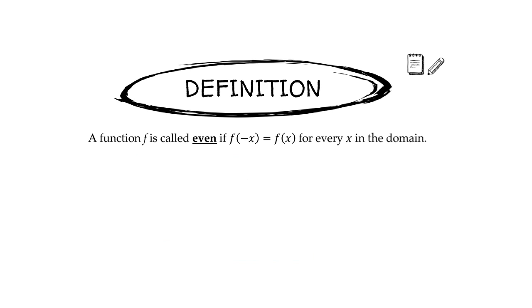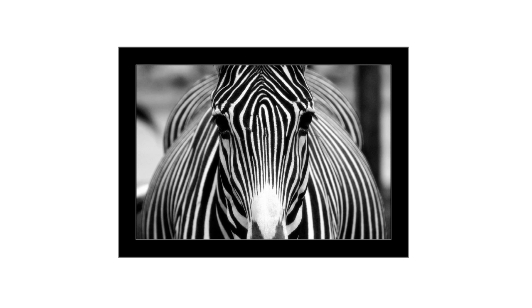One important property of functions that we'll use frequently in this course is evenness. A function f is called even if f of negative x is equal to f of x for every x in its domain. An even function looks a lot like this zebra. It has a line of symmetry right here at the y-axis.